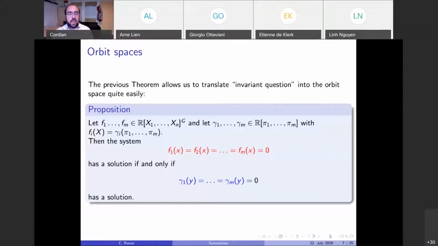And again, the gain might be that these polynomials, the gammas, might have lower degree, while the drawback is potentially more variables. But still, it may be beneficial to prove that this system doesn't have a solution to conclude that the other system will not have a solution. Okay?